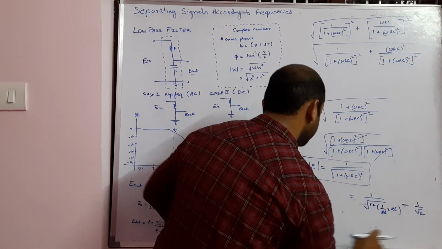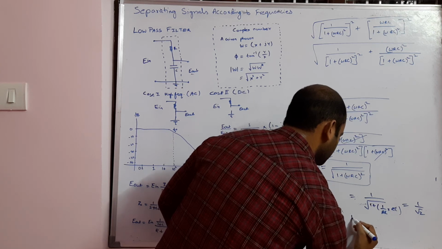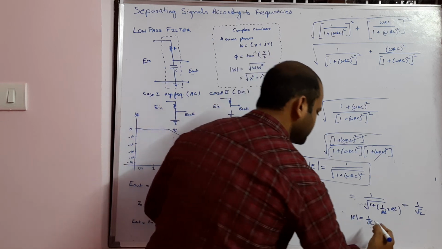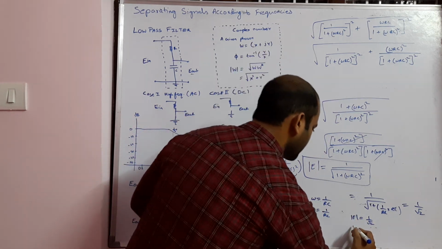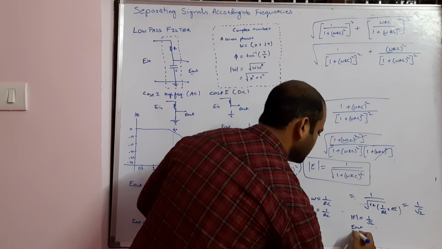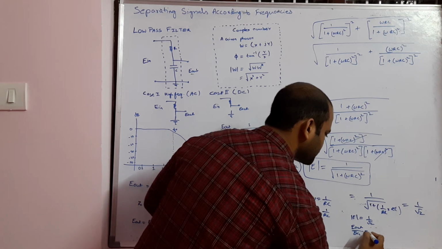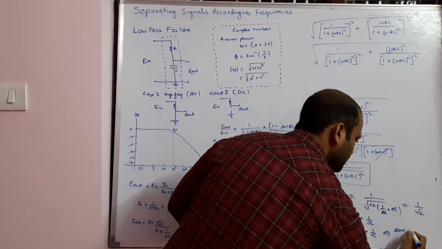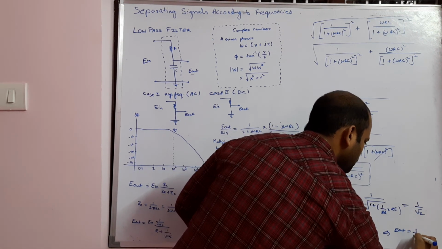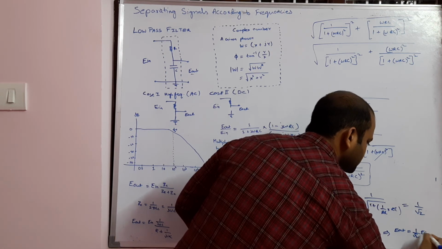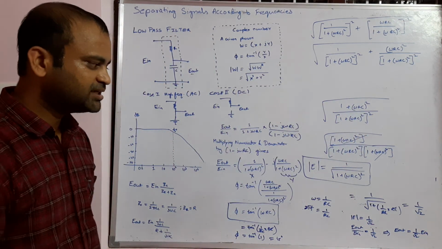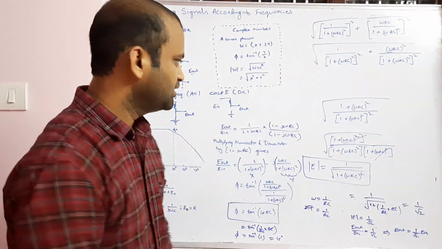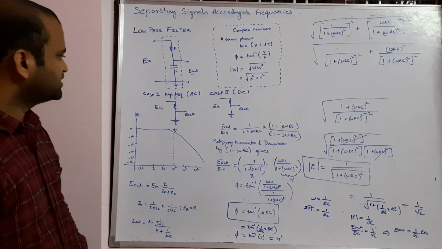That is, the magnitude of E is equal to 1 by root 2, which is nothing but E out by E in equals 1 by root 2. So that implies the output voltage amplitude is equal to 1 by root 2 of the peak input voltage. So that's how you do the calculation for a low pass filter.